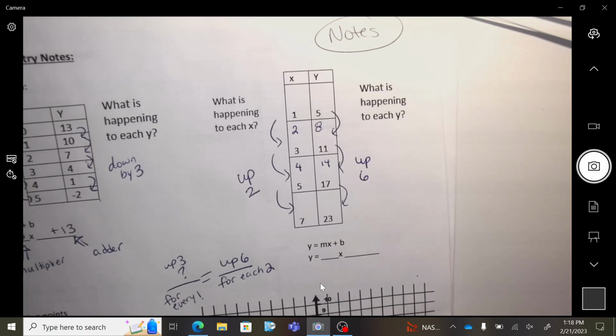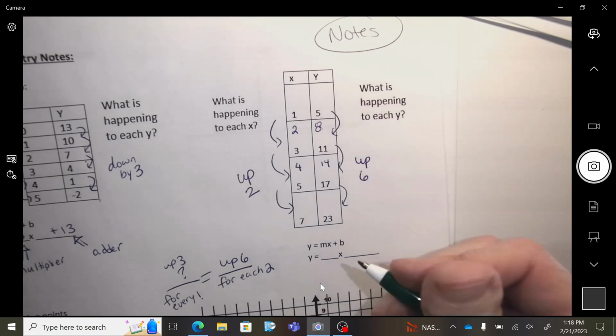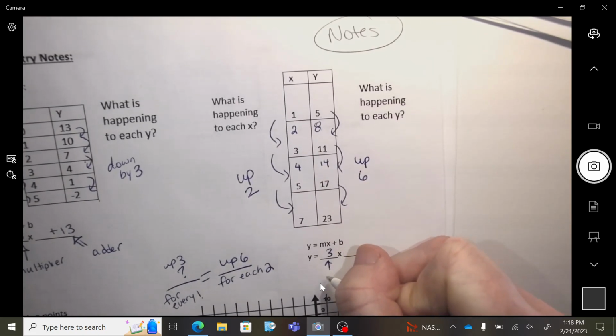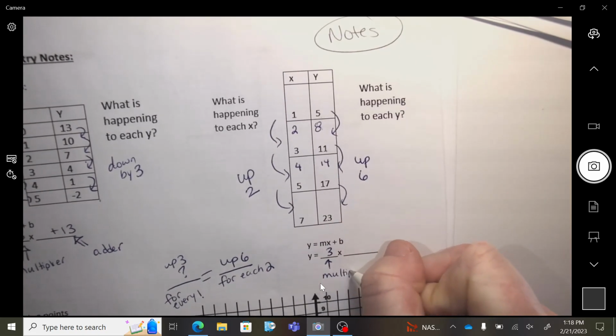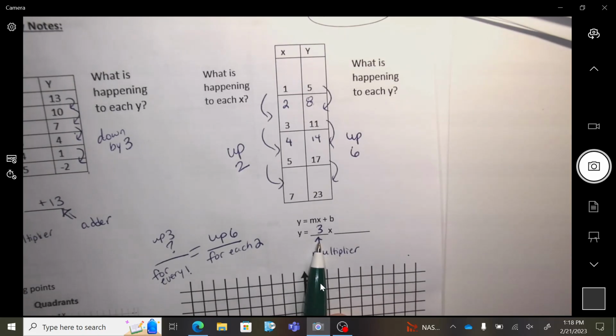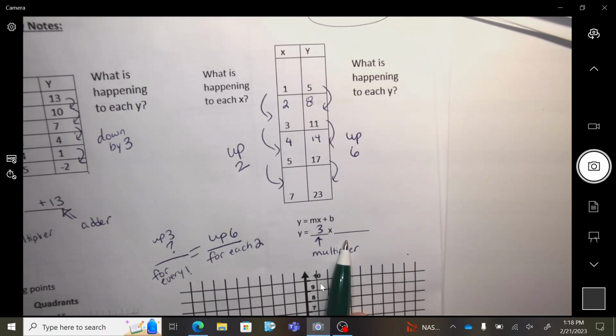So we've changed the increments to adjust them. Instead of up by 2 and 6, we went up 1 and 3. Okay, so that means this is going to be my multiplier. For each x jump, you have to change by 3. And then where would the starting point be?